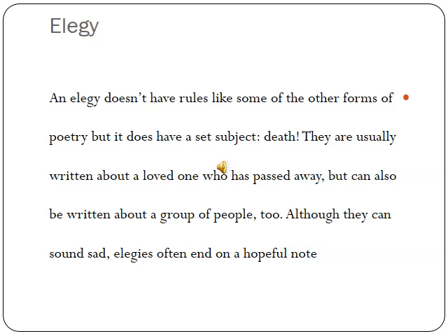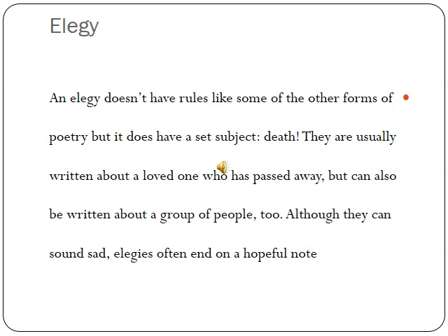The subject or aim of this type of poem is death. So they are usually written about a loved one who has passed away. But it can also be written about a group of people too.